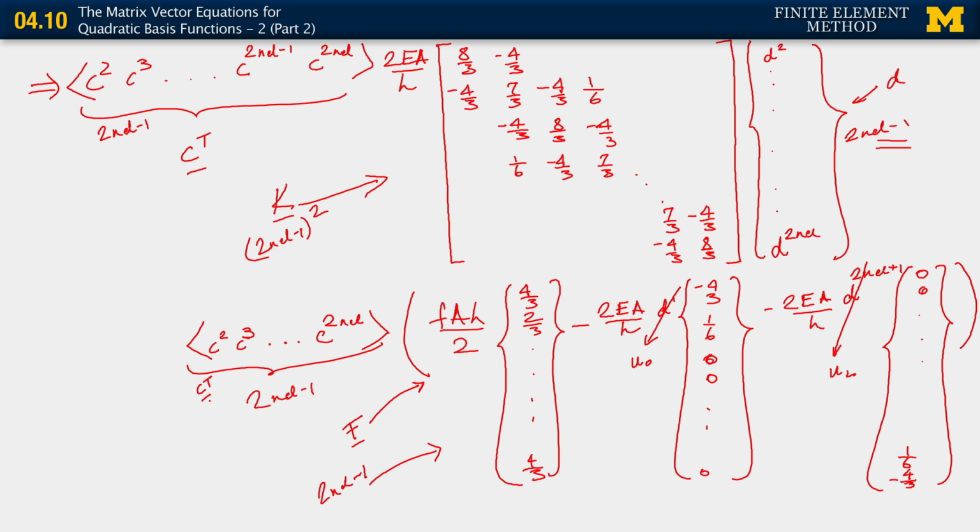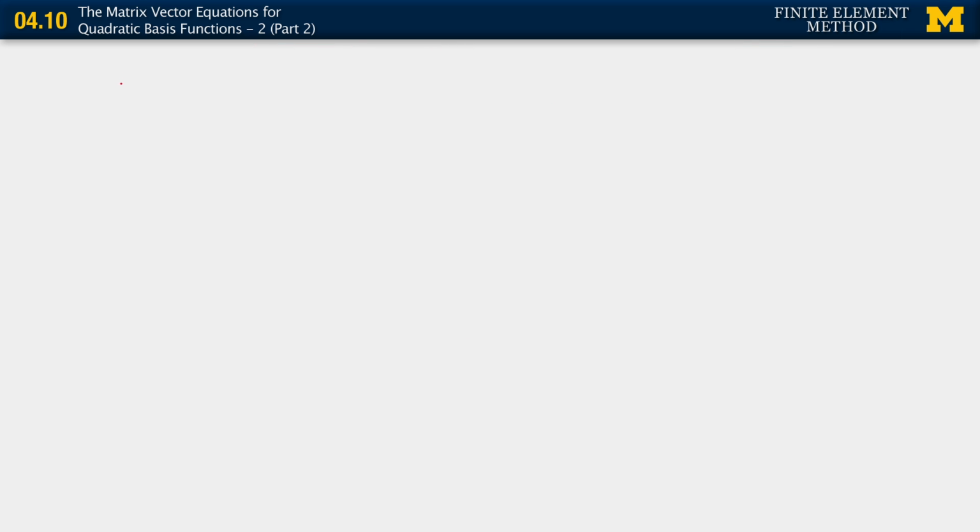Okay, putting it all together, again for this Dirichlet problem, we end up with C transpose KD equals C transpose F, just as we did for the Dirichlet-Neumann problem.